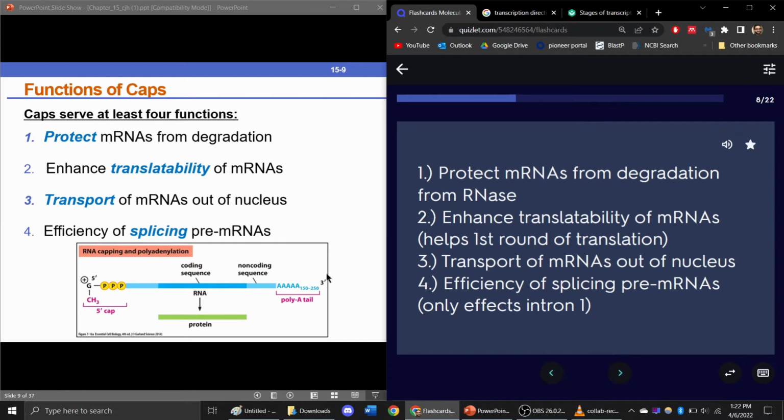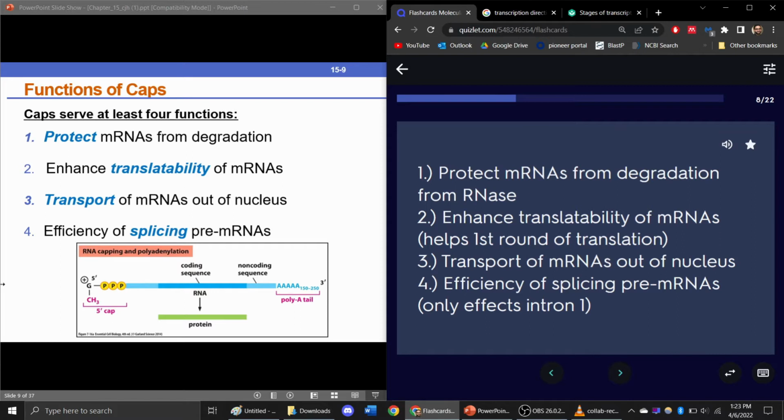So if you have a buffer on each end, it's going to make it safer for the RNA. It's going to take longer for the RNase to degrade the RNA if it comes in contact with it. So it makes it more stable by having a little buffer length of nucleotides on the end. That's kind of a protectant.